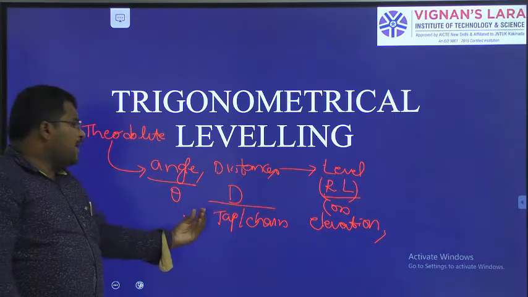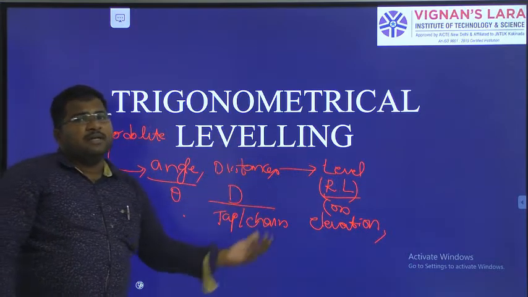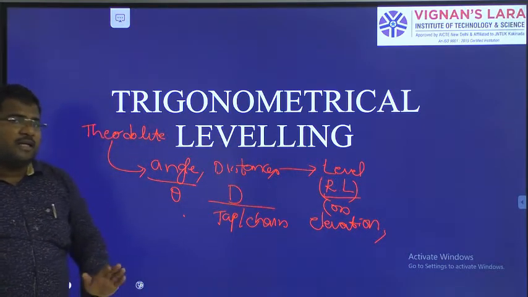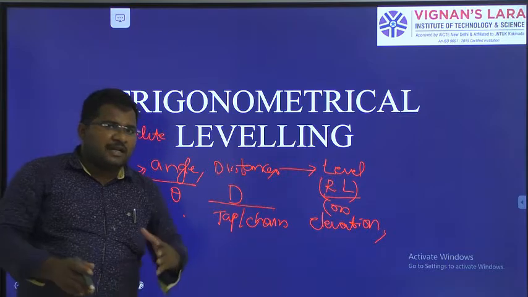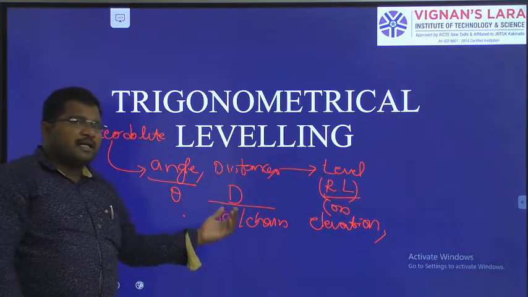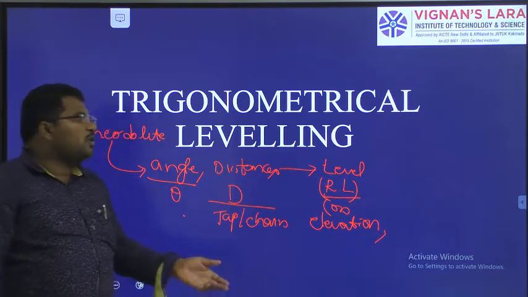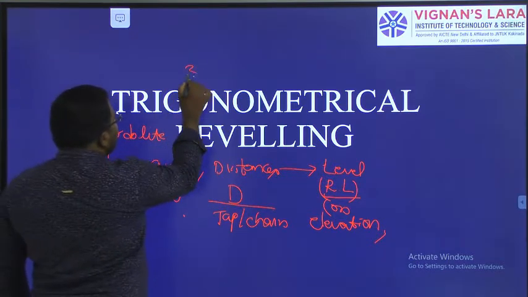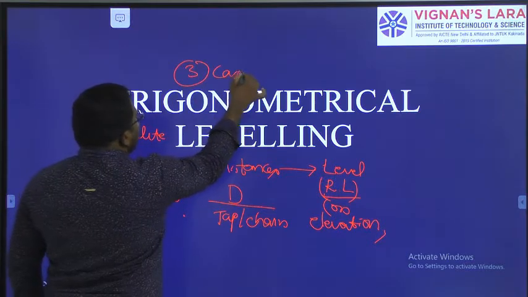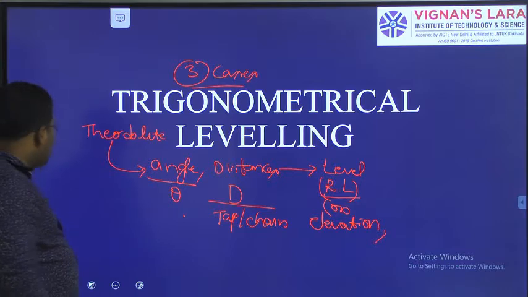Sometimes we can have the distance measurement, but sometimes we can't, so we will see those cases. Already we know the base of the object is accessible, and the second case is the base of the object is inaccessible. So totally we have three cases in trigonometric leveling.